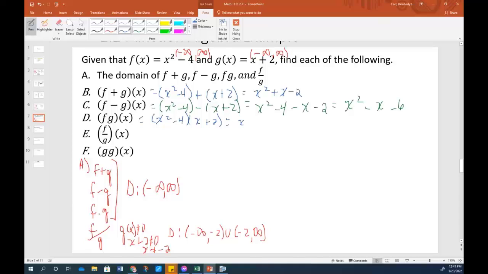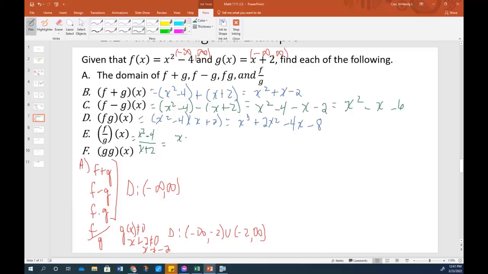So I have first, outside, inside, last. f over g of x, I have, oh, should have put an x here, x squared minus 4 over x plus 2. That is a minus there.